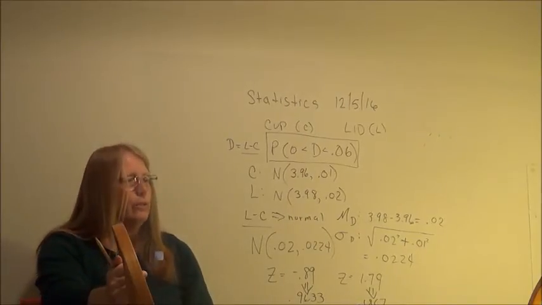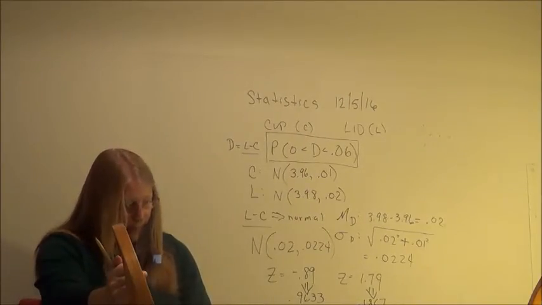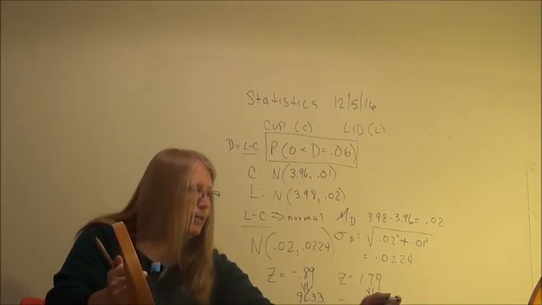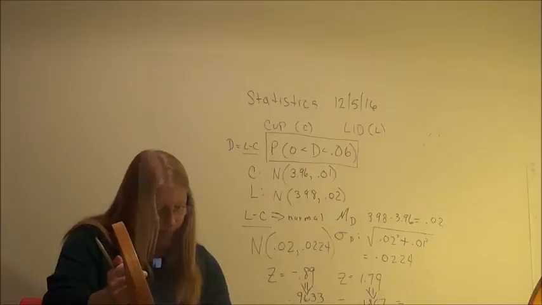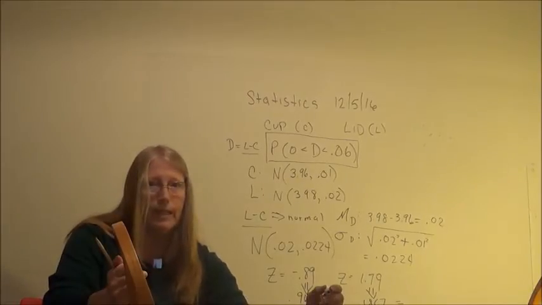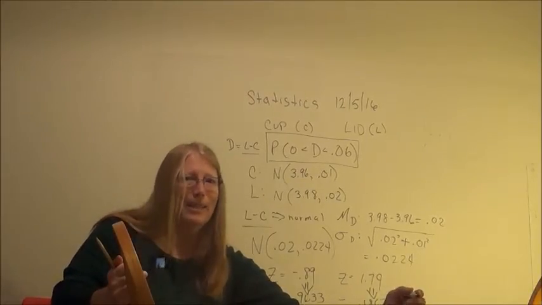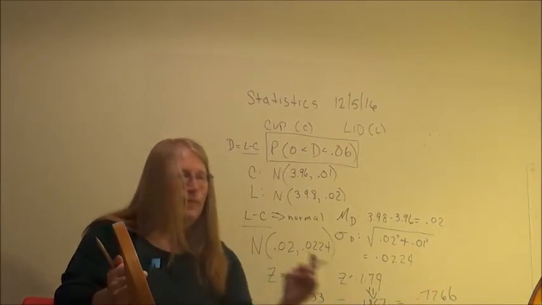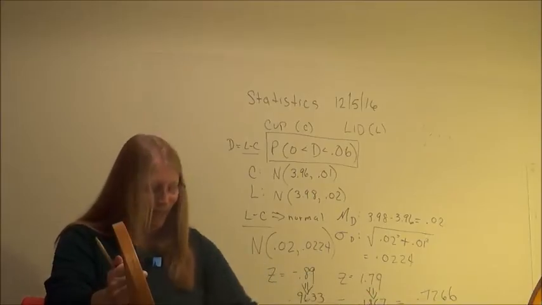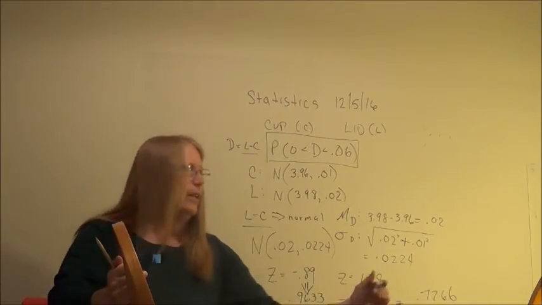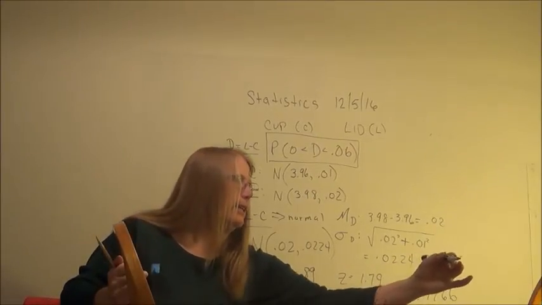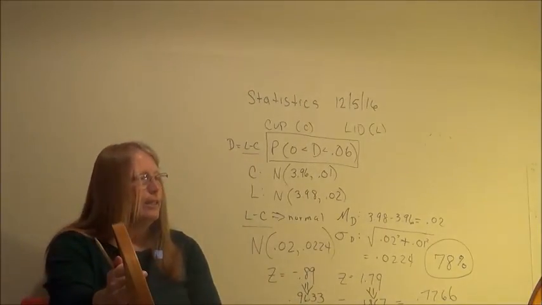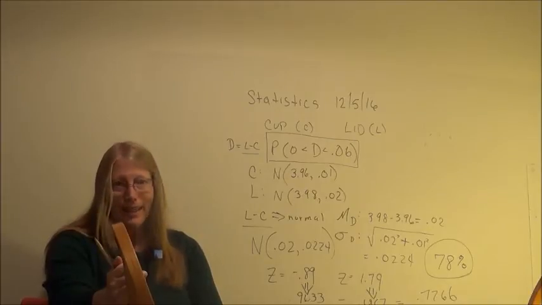So I'm going to subtract those, and when I subtracted these two, I got 0.7766. Alright, if you can't see it, you can hear it, 0.7766. So that's about 78% of the time the lid and the cup will fit nicely.